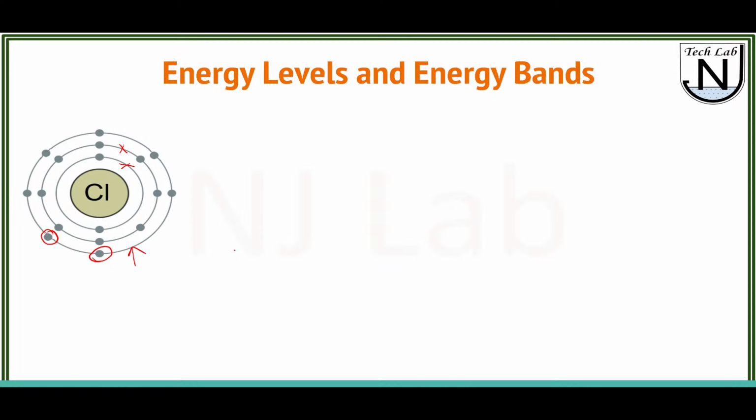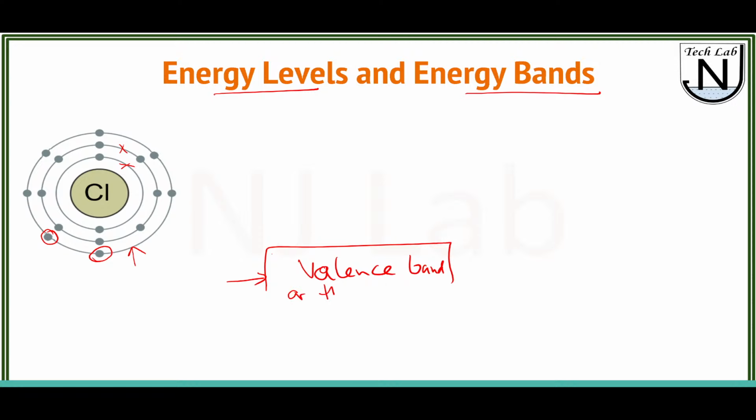So the energy levels are converted into energy bands, and finally what we will get is a band which is known as the valence band. This valence band is the energy band of the outermost shell, right?